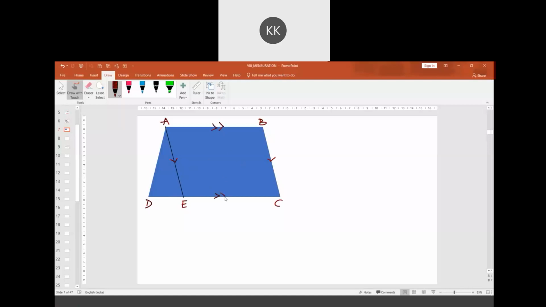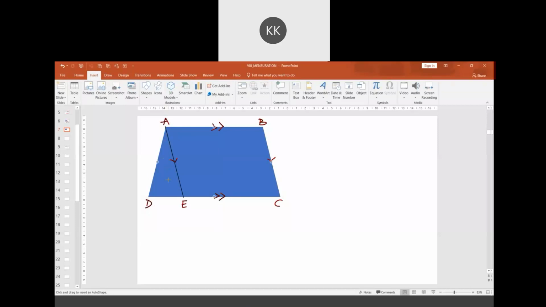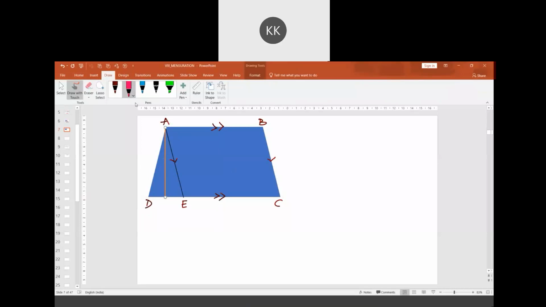We must also know that whenever two pairs of opposite sides are parallel to each other, it becomes a parallelogram. So for this parallelogram, the height will be same as the height of the triangle. Suppose I draw a perpendicular from A to DE, it is the height of the triangle and it is also the same as the height of the parallelogram, isn't it?